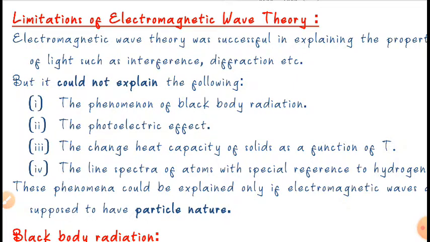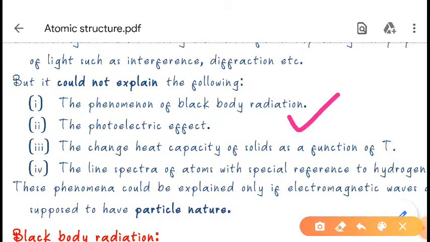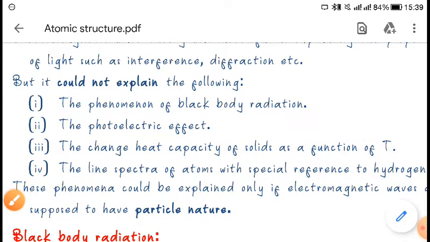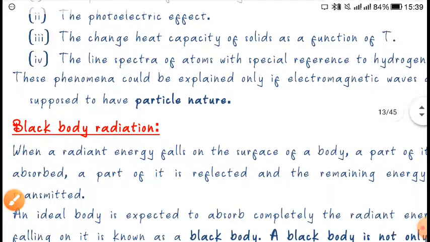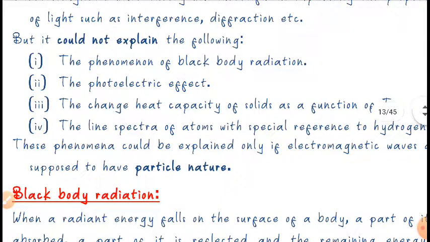Moreover, it cannot explain the photoelectric effect, the change of heat capacity of a solid as a function of temperature, and the line spectrum of hydrogen. So we will learn what black body radiation and the photoelectric effect are, and before that we will see Planck's quantum theory also.